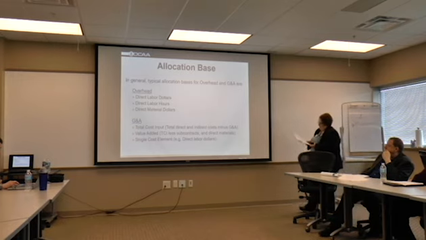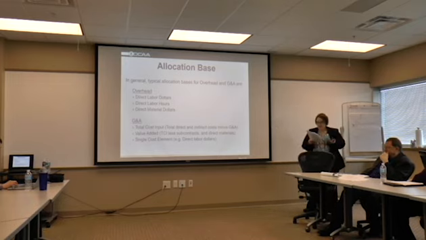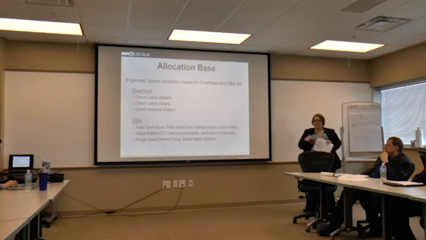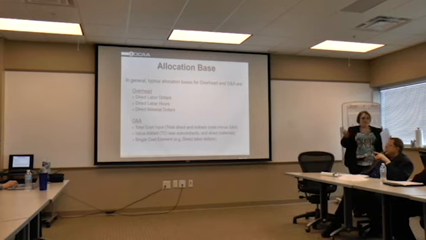So a single element base is inappropriate where it is an insignificant part of the total cost of some of the final cost objective. So again, you just have to look and say, these are the costs I incur, what is the appropriate base? Any questions on base, allocation basis?